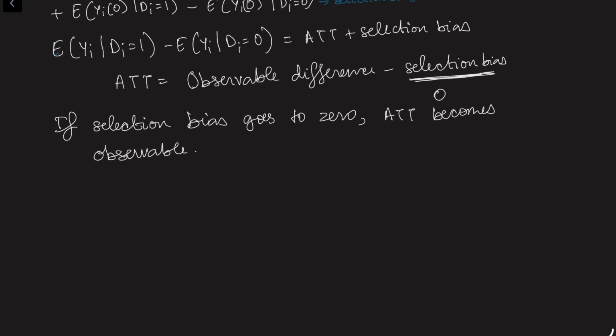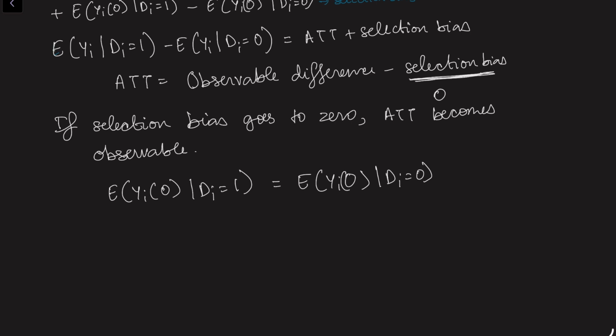When this whole term is equal to 0, which also means when the potential outcome of not being treated in the treatment group is equal to the potential outcome of not being treated in the untreated group. Okay, what does it actually mean?